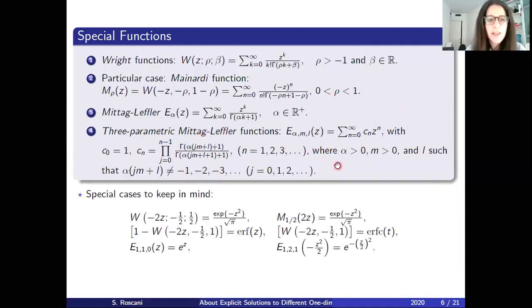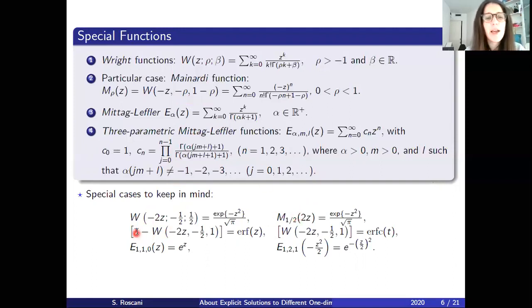Some special cases to keep in mind. If I take a special case of the Wright function, I recover the Gaussian function. Of course, this special case can be written in terms of the M-Wright function because it is rho equals 1 over 2. Then this is the same with a different name.